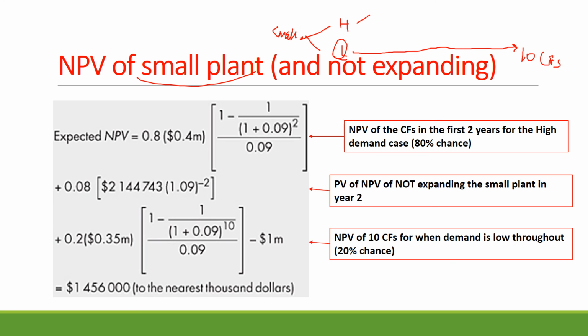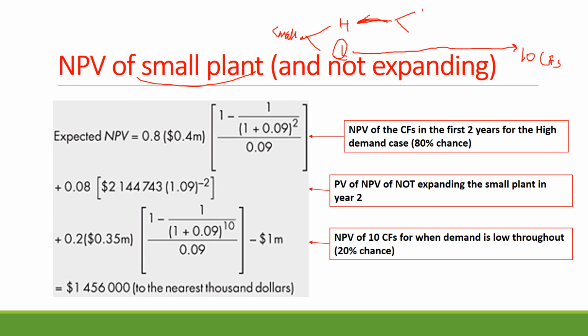For the high scenario, in the first 2 years, we will have high demand. So year 1 and year 2, we have high demand cash flows, right? From year 2 onwards, we choose not to expand, so we're just looking at the lower branch of the tree here.